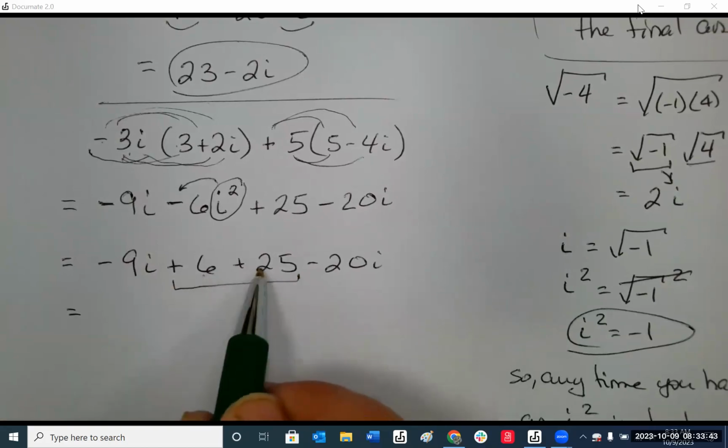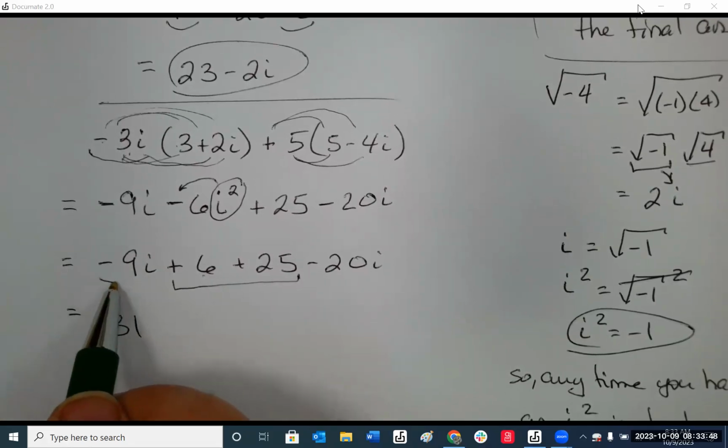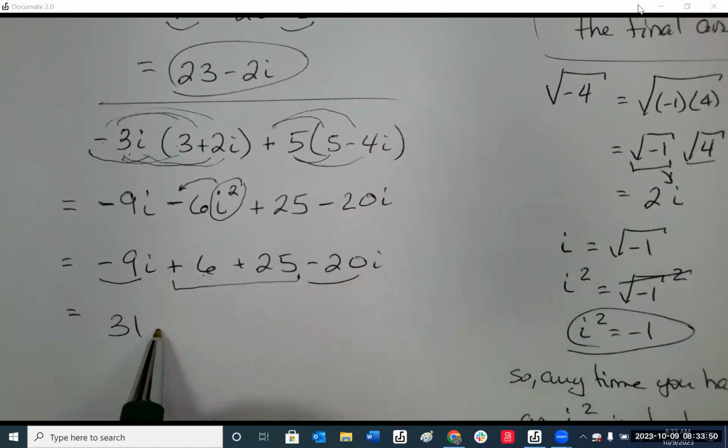So the real part, 6 plus 25 is 31. Negative 9 minus 20, they're both negative.